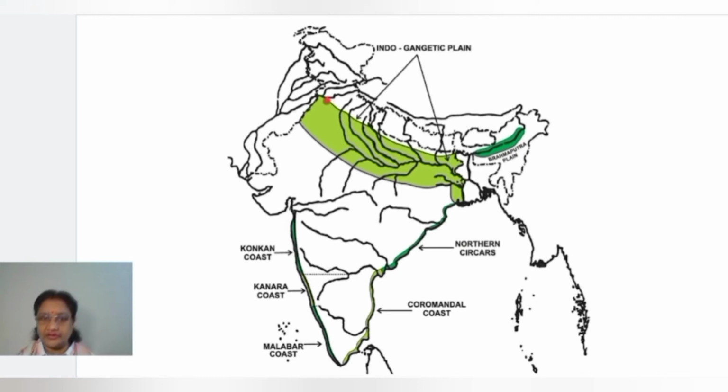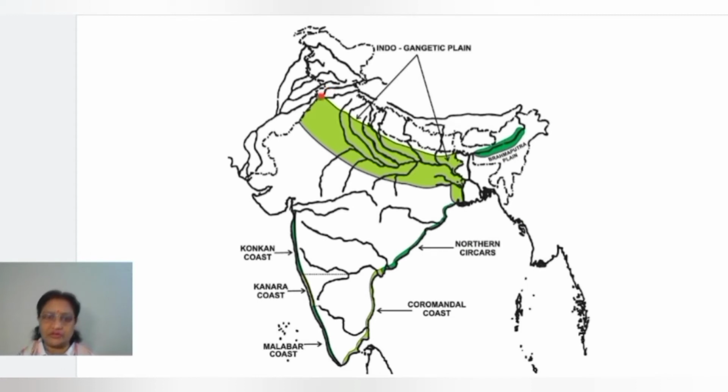And the northern border, you can see here the northern line within which the plain extends. Again you will start from this point, and where you see the India and Nepal border, you have to go parallel to that. The northern limit extends from the extreme western side, you can see here, where the Satluj and Beas rivers are meeting.